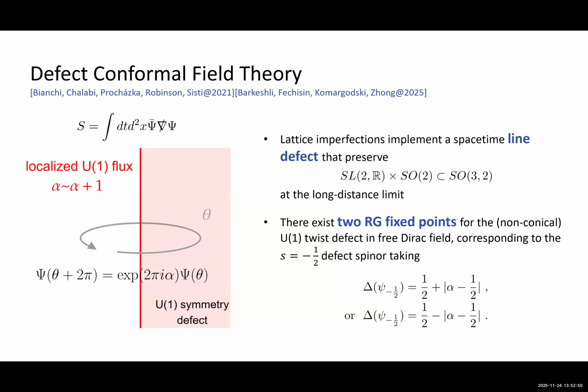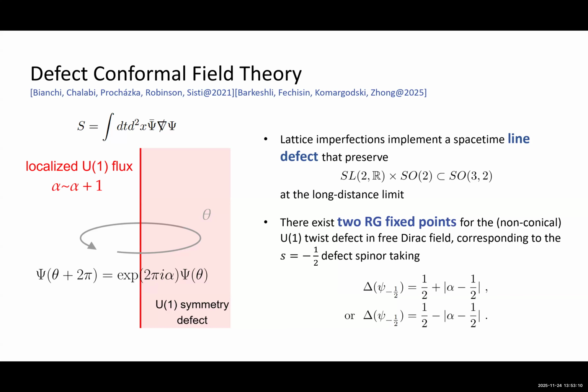In general, for the disclination, you will have to consider a certain conical singularity at the location of the defect. That's what we did in our paper. The result has to be modified slightly. But for the interest of the twist defect itself, here I'm only showing you the case where the background is not conical.